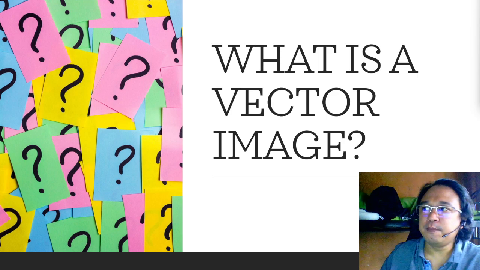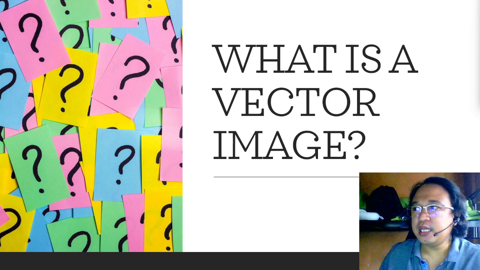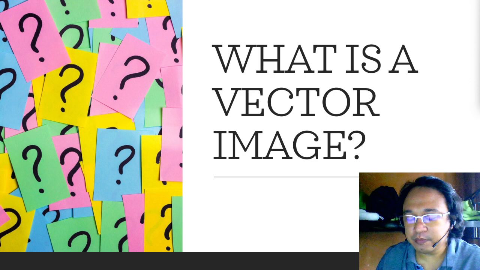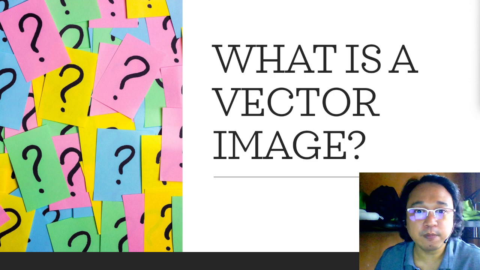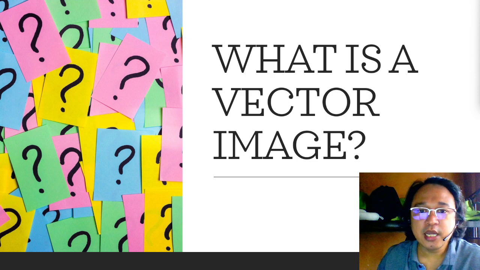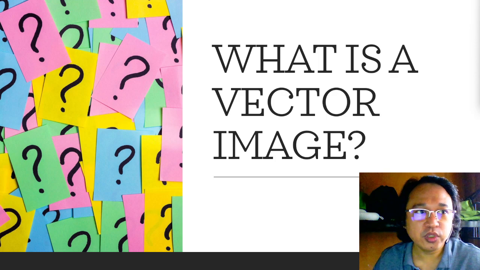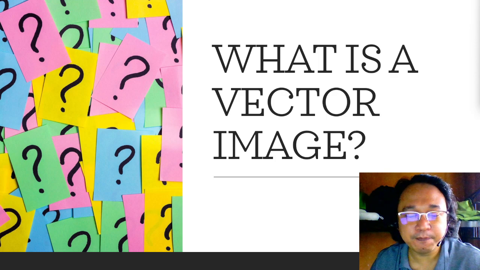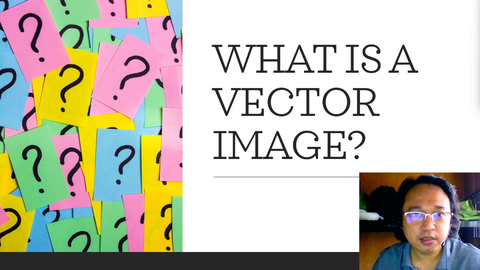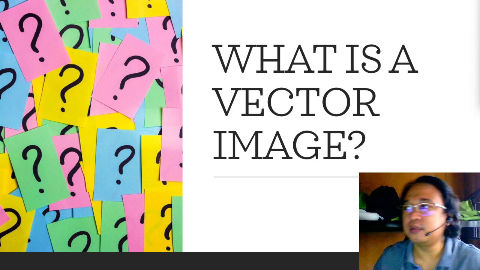A vector image is a mathematical process that converts lines into specific math.